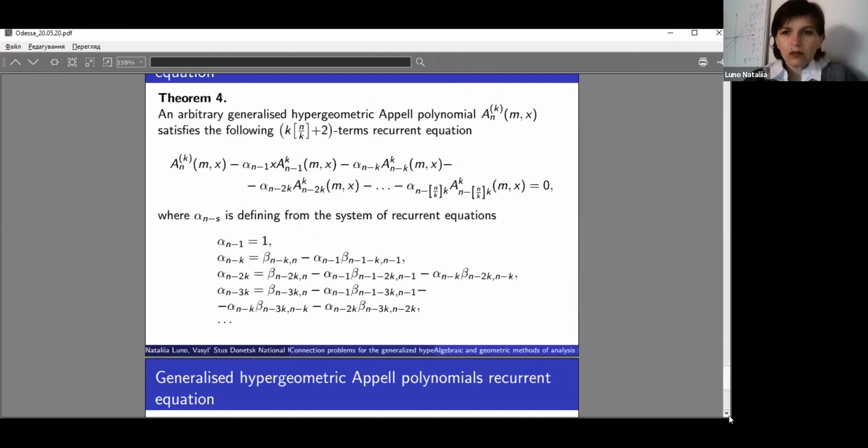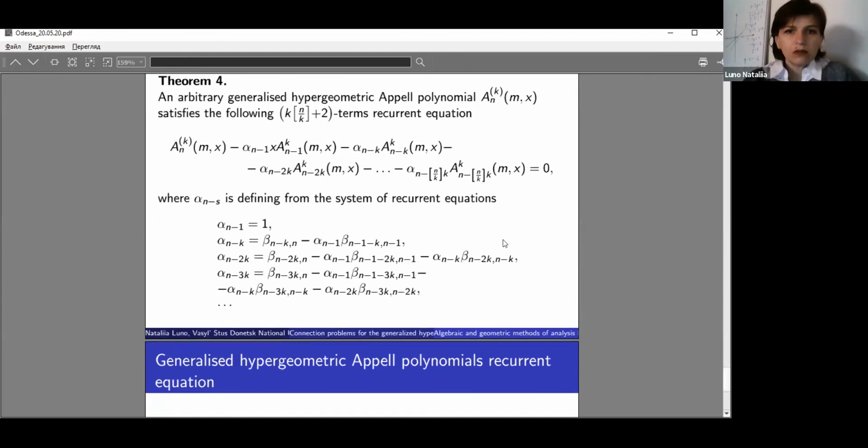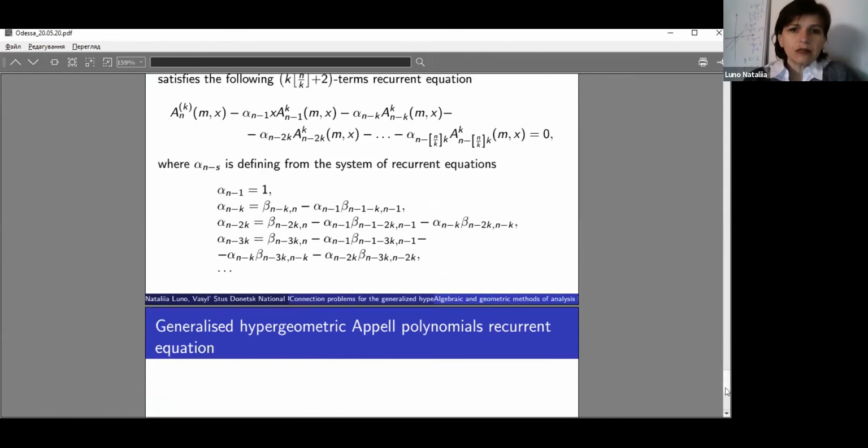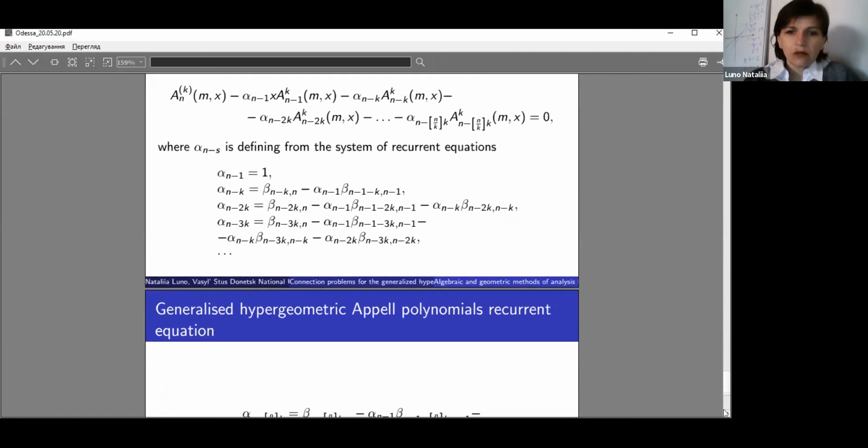As you can see, the recurrence equation has n over k multiplied by k plus 2 summands, but the coefficients in these equations are also defined in a recurrent way.